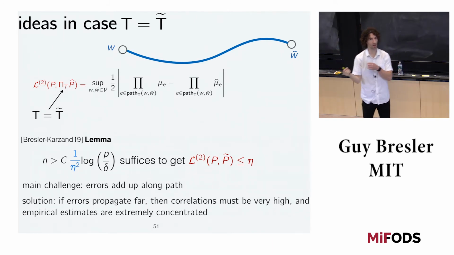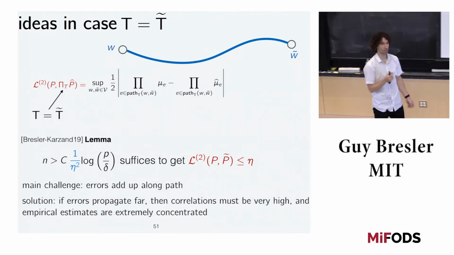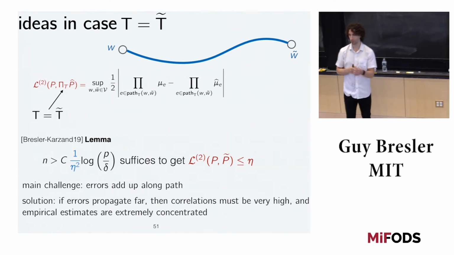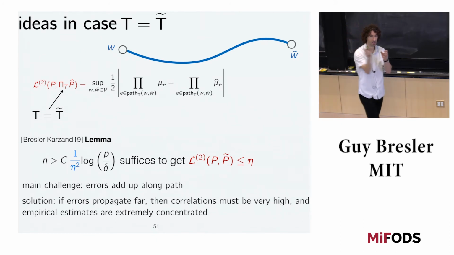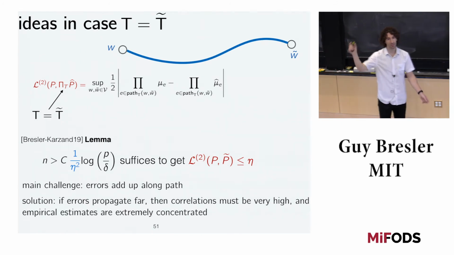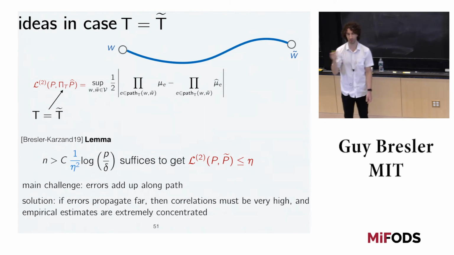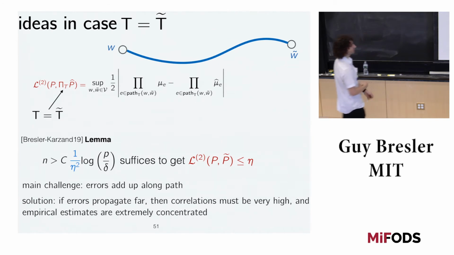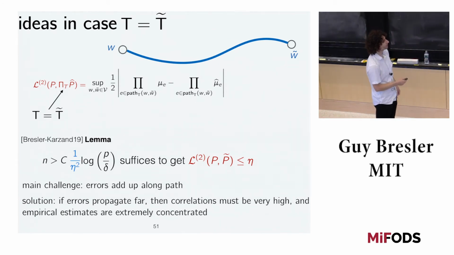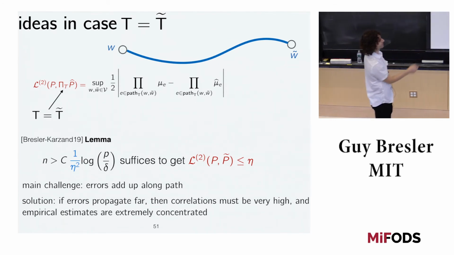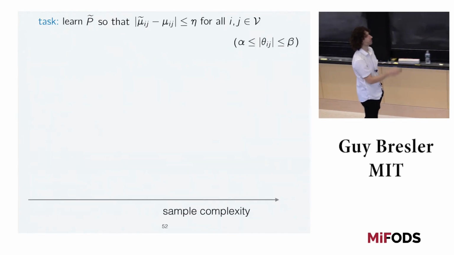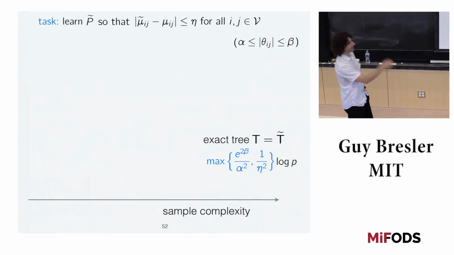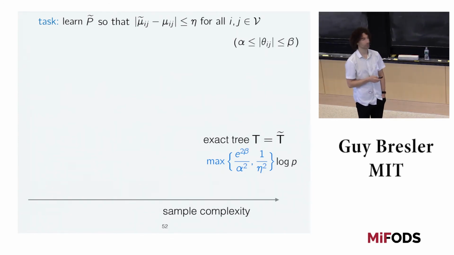And if they're very, very strong, then one is in a funny regime where the variance of those quantities is tiny, and one gets a huge boost in the accuracy of each of these estimates, which then means that even though they are adding up along this long path, each of the individual errors is tiny, and that compensates for the fact that they add up. Okay, so that's roughly how the reasoning goes there. But the point is that one is getting, in some sense, a dimension-free bound that doesn't care how far apart these are. And this gives us a first stab at what the sample complexity of this problem is.